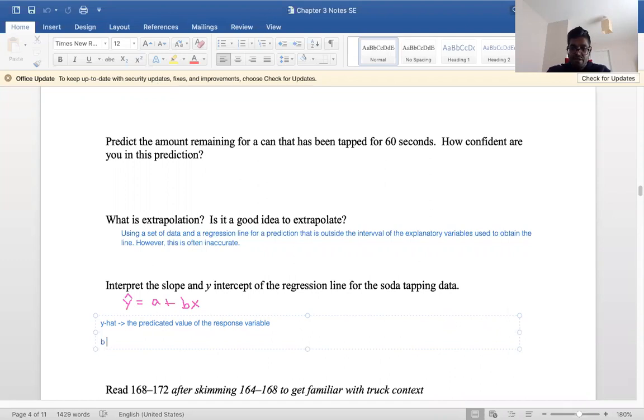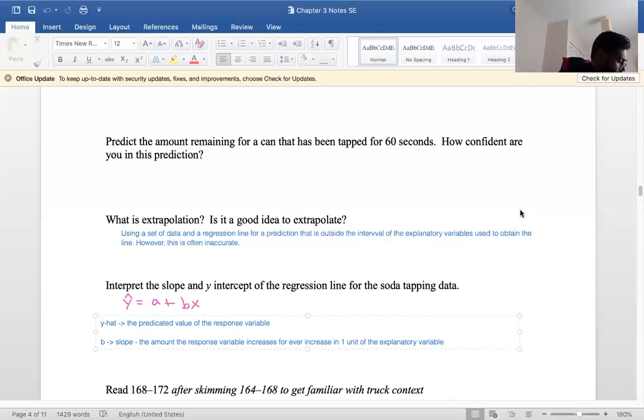Your B value, that is your slope. The amount the response variable increases for every increase in 1 unit of the explanatory variable. Okay, and you're going to use that same wording pretty much every time. You're going to say for every 1 unit in your explanatory variable is going to lead to this happening in your response variable. So in the tapping one, you had a slope of 2.63.